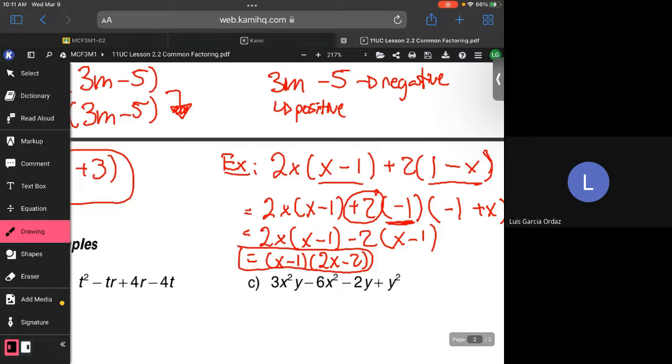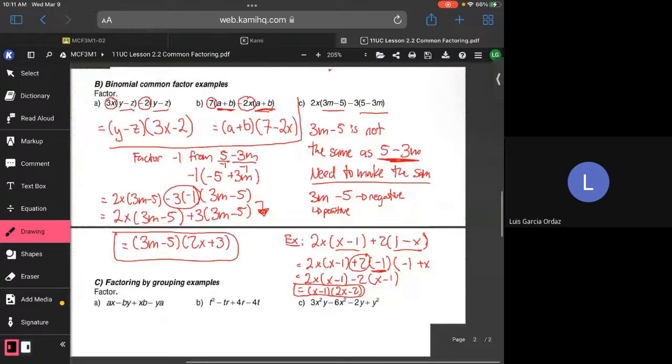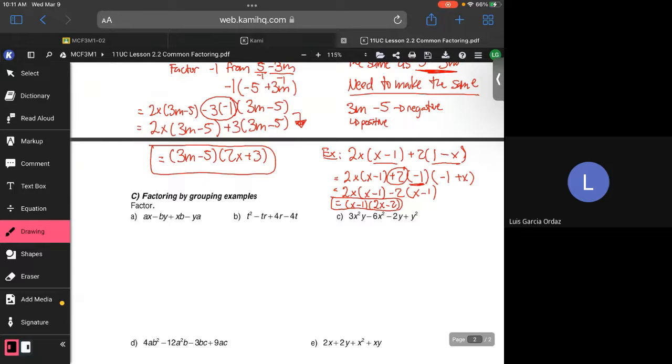And then the last factoring method that we have is called factoring by grouping, which means I have to split my polynomial expression into two halves. So I have ax minus by plus xb minus ya.